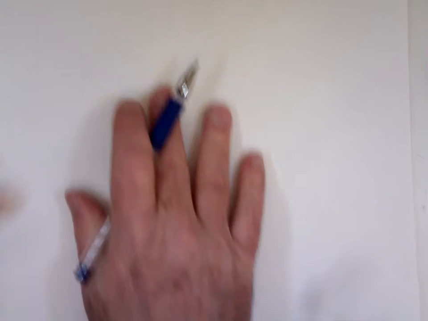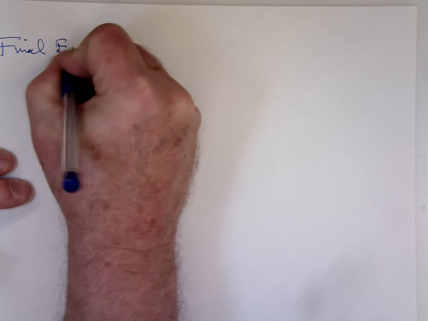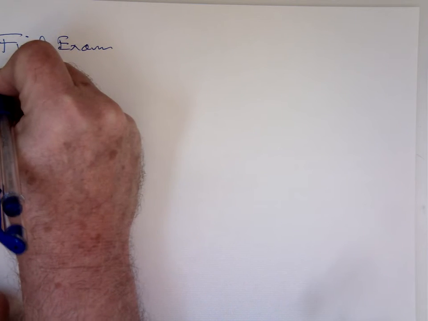Okay, let's take a look at the final exam. Here we go. Wow. So on your final, this is what you have. First section, this is section 1 through 3.